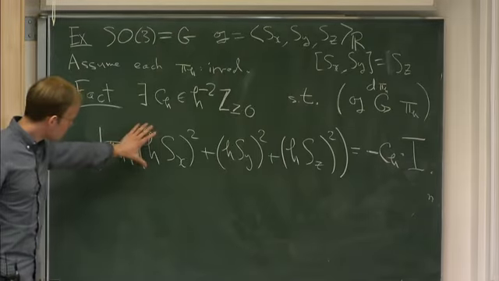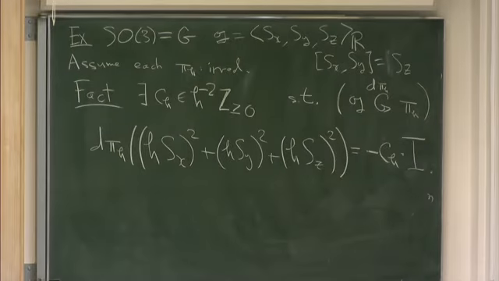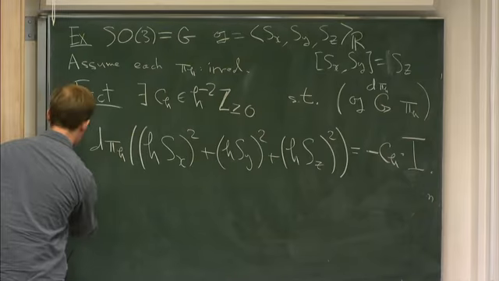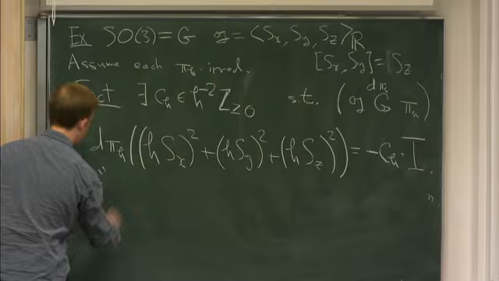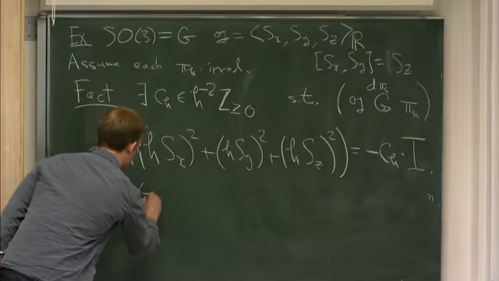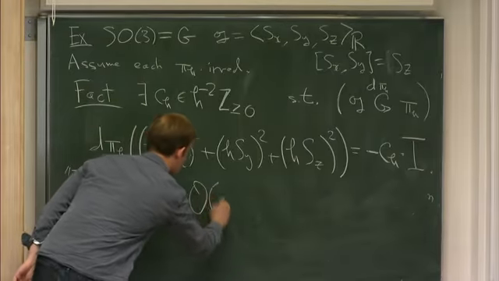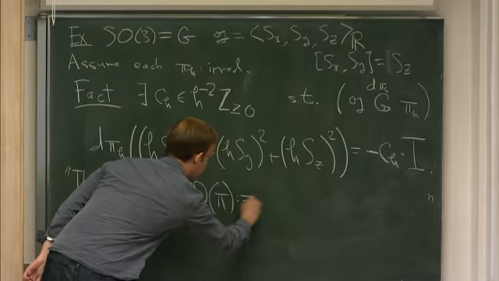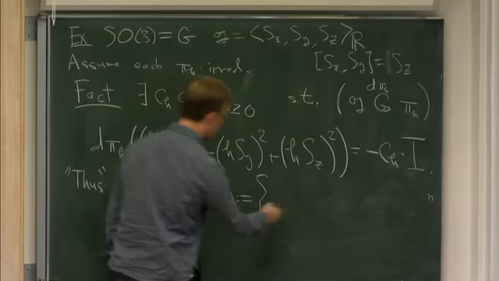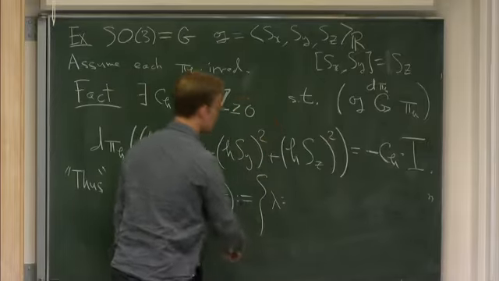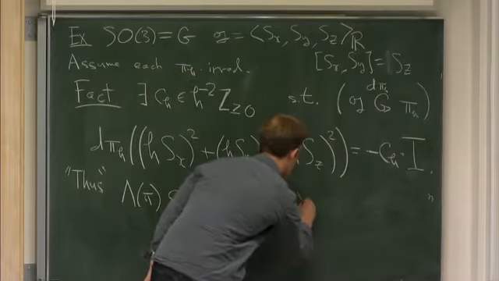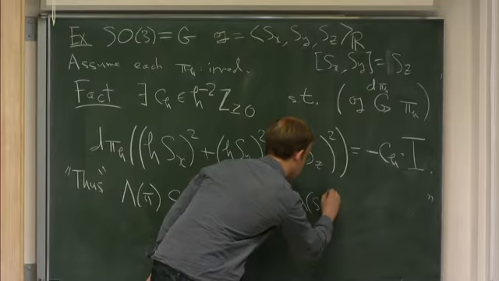So if you stare at this condition on dπ_h, and you at least formally reconcile it with this condition on v_h, you deduce, with a bit of argument, that Λ(π) belongs to some bigger set, which I'll call script O(π). I'll define it to be the set of λ which satisfy the following quadratic equation.